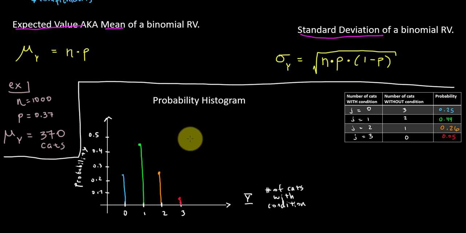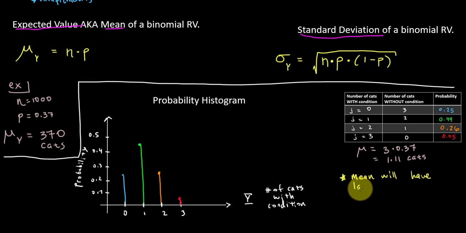And furthermore, I want to notice that the mean here, which for this variable, the mean would be 3 times 0.37, which is 1.11 cats, right, which is closest to 1. I want to note that the bar that is closest to the mean will have the largest probability, which is the tallest bar, because it's the expected value.